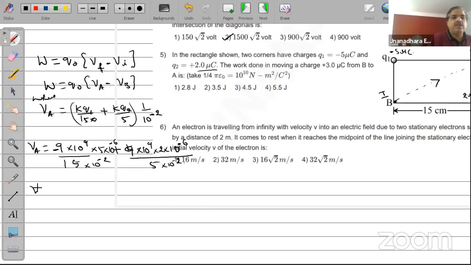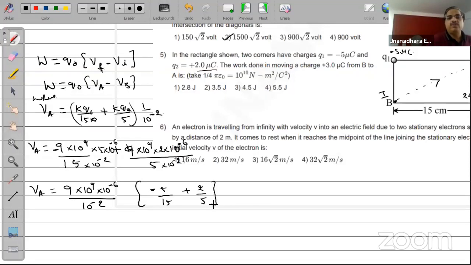So you will get VA to be equal to 9 into 10 to the power 9 into 10 to the power -6 divided by 10 to the power -2 into -5 by 15, okay, plus 2 by 5. So 5 by 15 can be written as 5 ones are, 5 threes are, right?